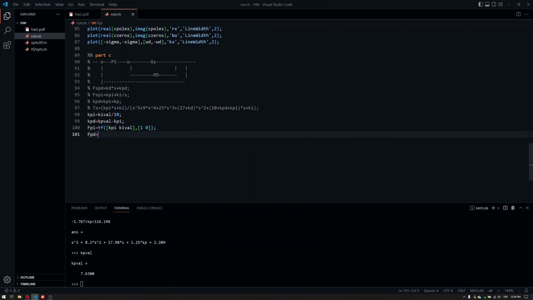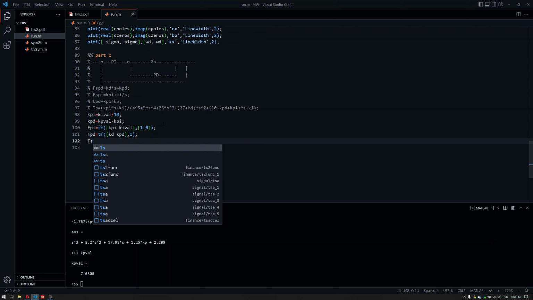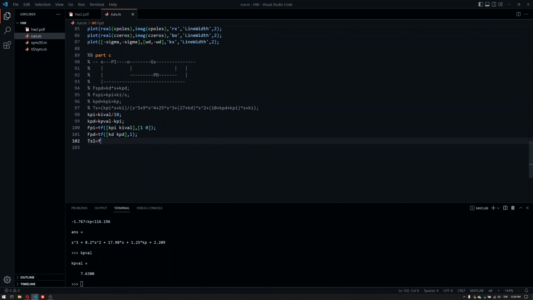And then FPD would be then KD KPD, KDS plus KPD divided by 1. Now, TS1 would be feedback.